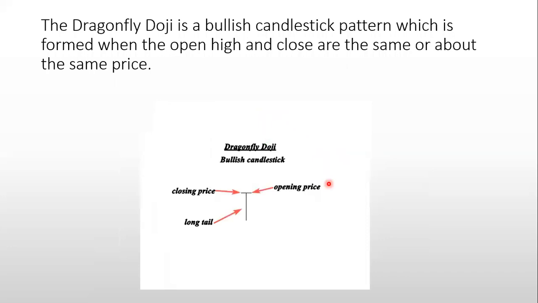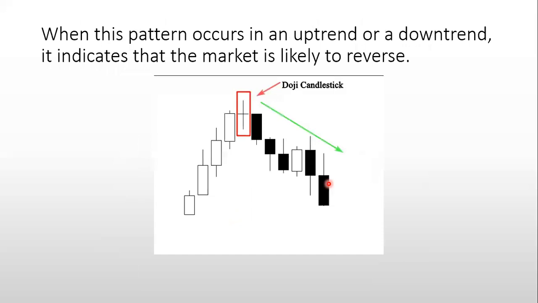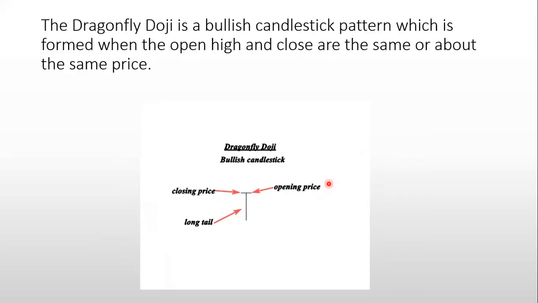Okay, so we have the dragonfly doji. This also has the closing price and opening price equal, as compared to the previous one, which is the doji candlestick. With the dragonfly doji, it has a long shadow beneath, and the closing price and the opening price are at the top, which are also equal, though at times it varies.